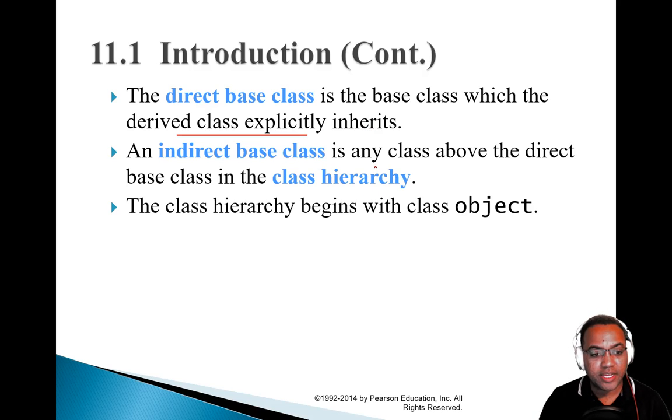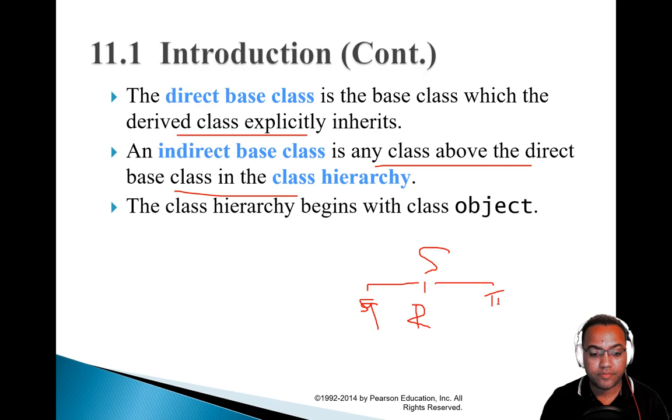An indirect base class is any class above the direct base class in that class hierarchy. So let's say you had shape, and shape was inherited by rectangle. It was also inherited by square. It was also inherited by triangle. But in the case that there are multiple types of triangles or rectangles, so let's say there's a different type of rectangle, I forget what that is, the one that looks like this.